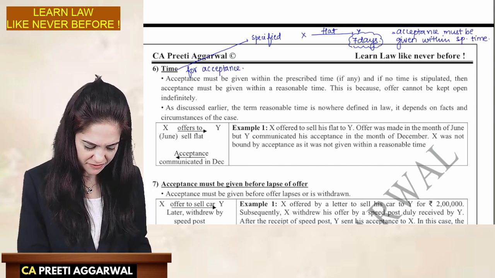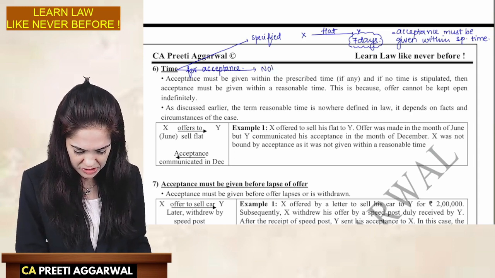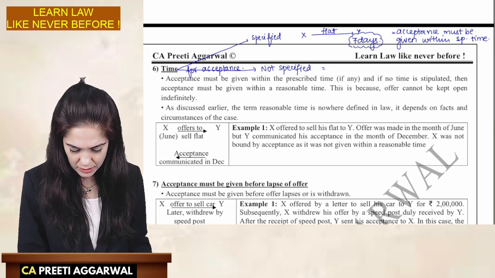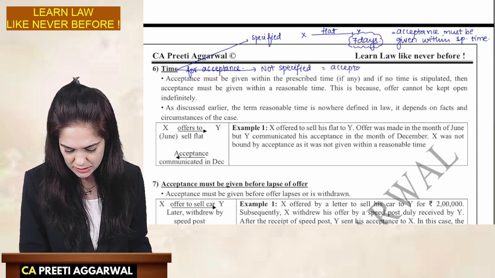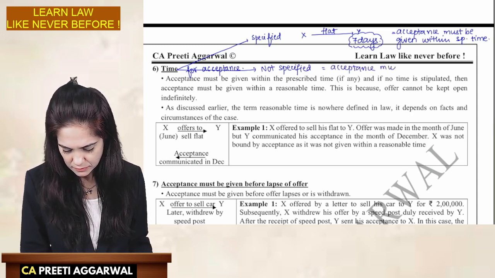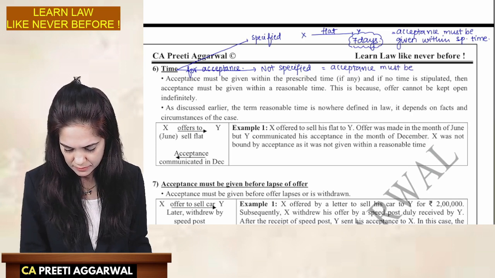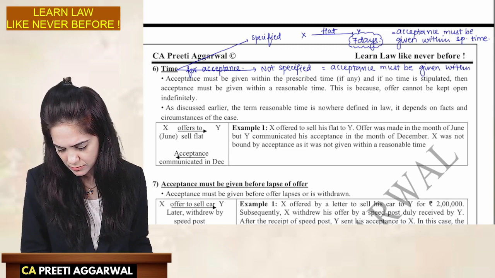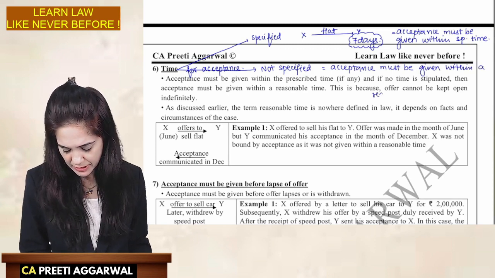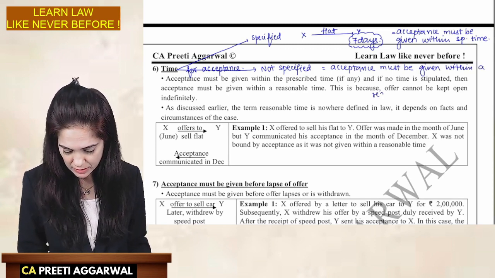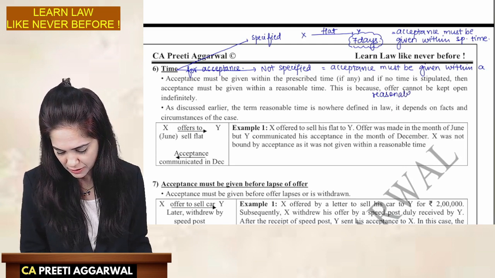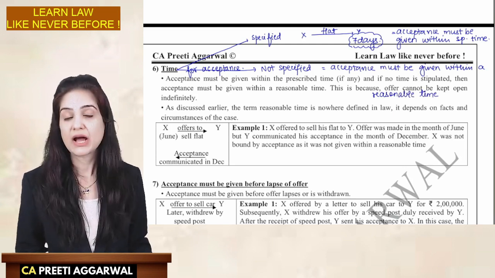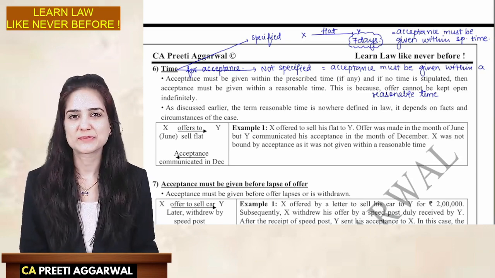Time is not specified, no. Then the acceptance must be given within a reasonable time. What is reasonable? It's not defined in law. It depends on the facts and circumstances of the case.